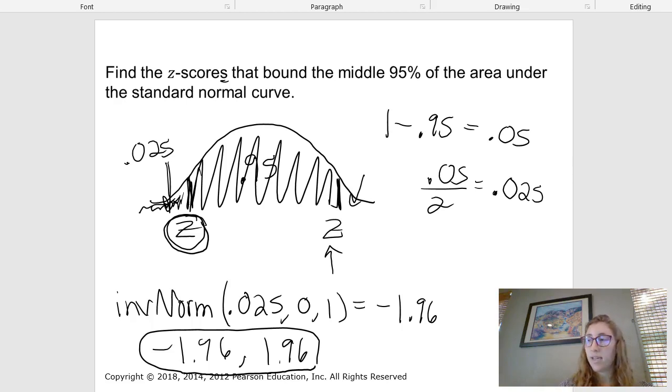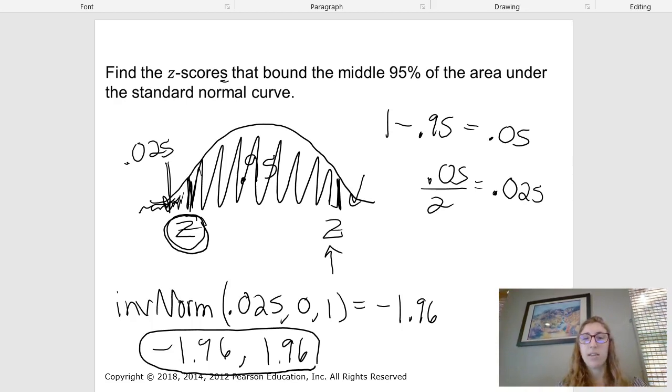It was saying that within 1 standard deviation, it's about 68%, within 2, 95%, within 3, about 99.7%. Well, we just calculated exactly that 95% of data is actually within 1.96 standard deviations, which is very close to the 2 that the empirical rule discussed.